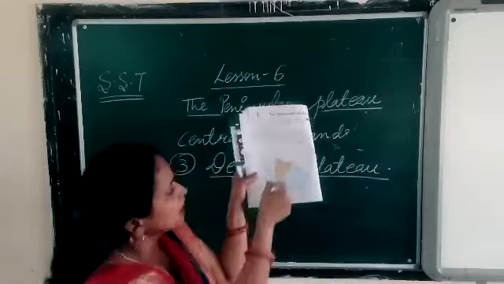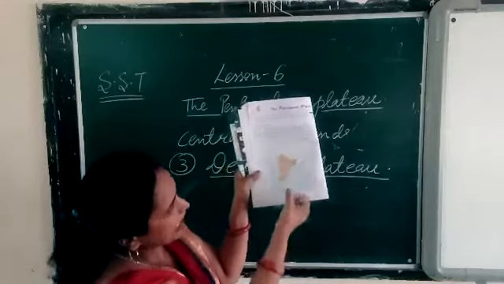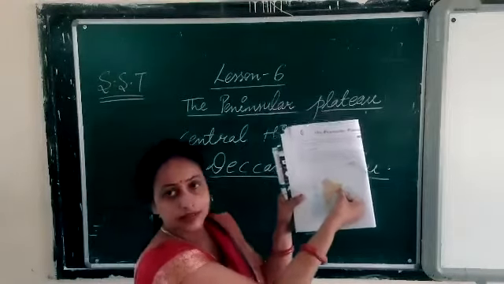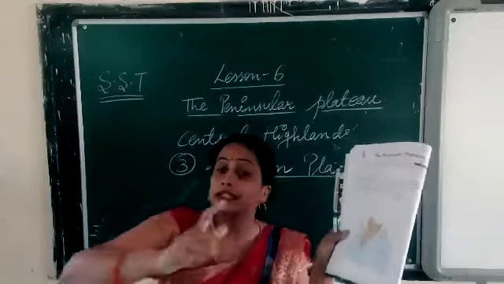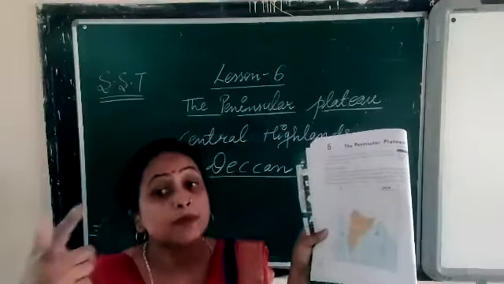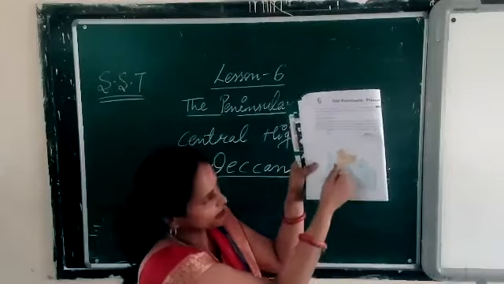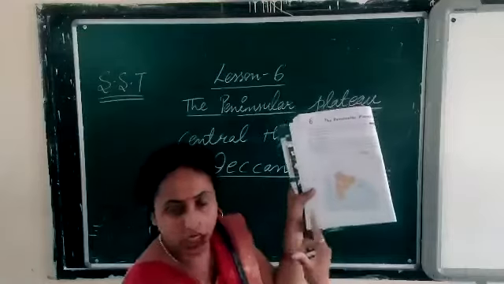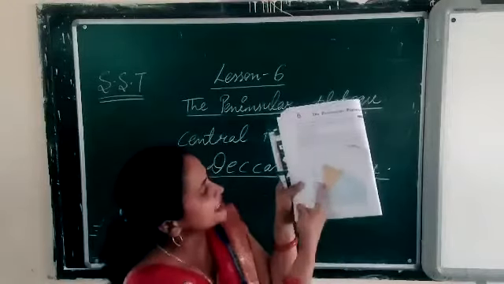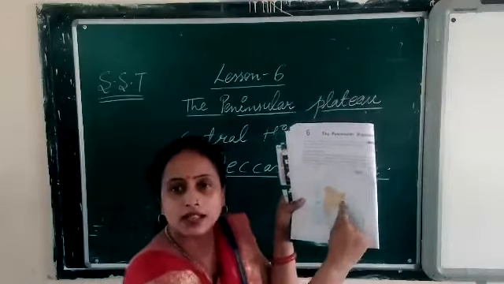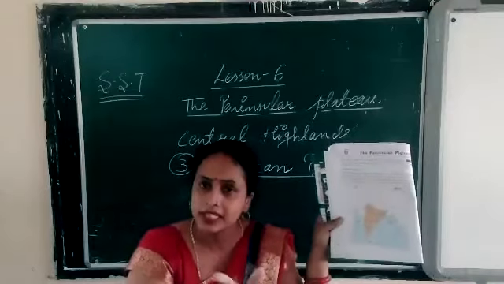Western Ghats and Eastern Ghats. Clear? It means the Deccan Plateau is bounded side by side by the Western Ghats and the Eastern Ghats. Are you getting it?